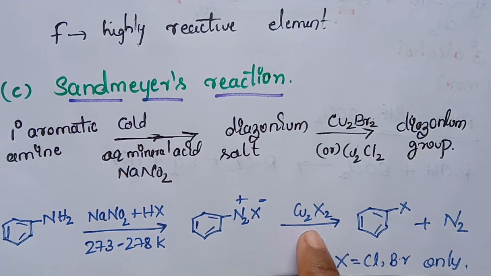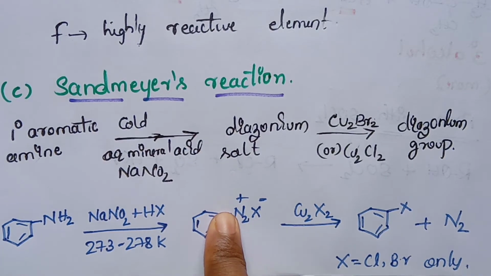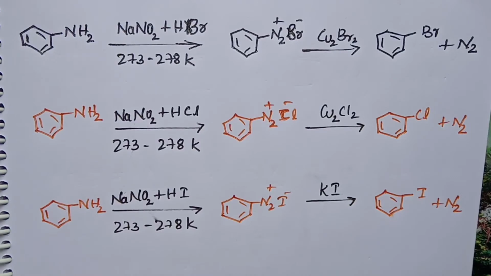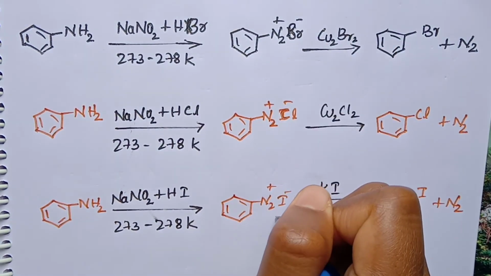Then it is treated with cuprous chloride or cuprous bromide. This is the diazonium salt, this is the diazonium group. Some of the reactions are included in the Sandmeyer's reaction. I will separately show you how bromine reacts, how chlorine reacts, and also iodine.